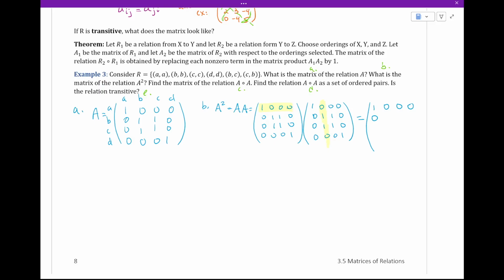Next entry 0 and then 1 plus another 1 is 2, and then another 0. Next one is actually going to be exactly the same: 0, 2, 2, 0. And then the last one is zeros, and then 0, 0, 0, and then a 1. These two are going to end up together with the 1.